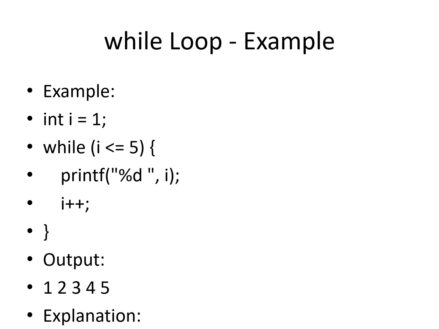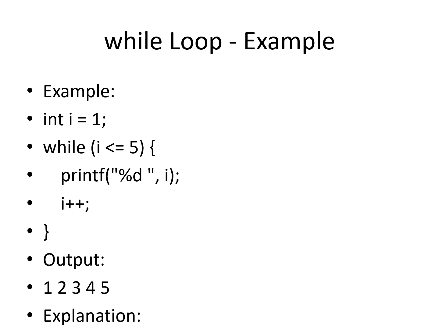Another loop is the while loop, which is also used for iteration. In the for loop we have three statements in the loop header, but in the while loop we have only one. For example, int i equal to 1. While i is less than or equal to 5, print percentage d, i, and then it will do i plus plus. In the for loop, initialization, comparison and increment were all in one line.